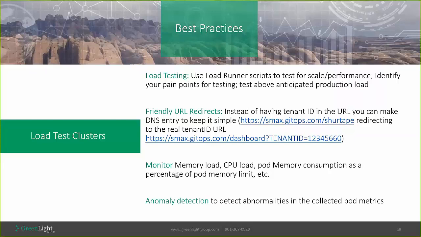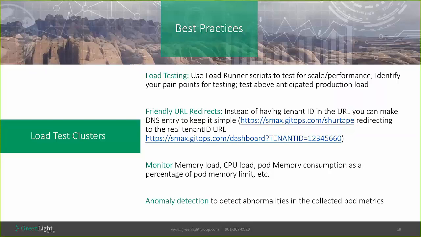You can shorten those in your DNS entries so you don't have to remember tenant IDs. And that's just a nice thing to have. It just keeps it easy to remember, easy bookmarks. For those of you in your organization that are maybe non-IT, it's easier for them to remember than trying to remember a specific tenant ID or something.